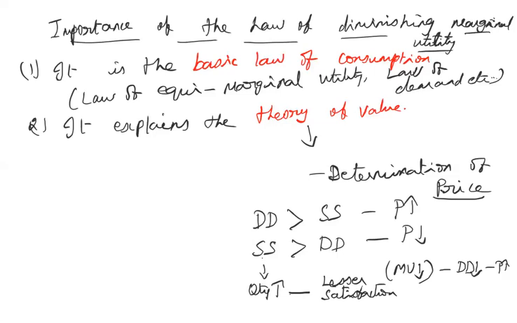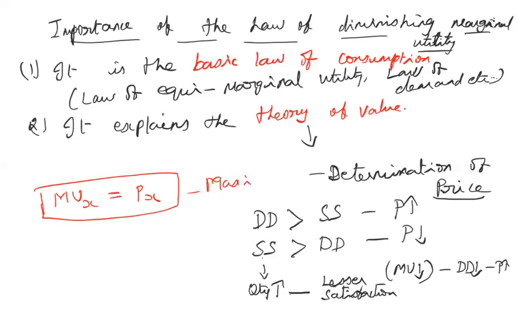So when he is paying a price for each and every successive unit of mango he is consuming, he won't go to the extent of getting negative satisfaction. He will stop at one point where the marginal utility of commodity X is equal to the price of commodity X. This is where the consumer gets the maximum satisfaction. If the consumer stops at this point, then the consumer is getting the maximum satisfaction. The consumer is acting rationally.